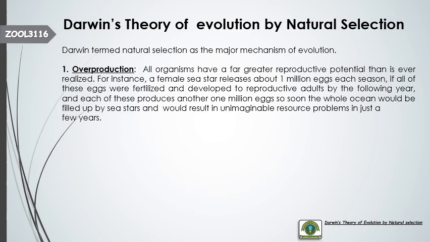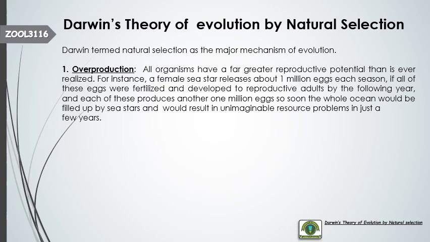For instance, take the example of the female sea star. It releases about 1 million eggs each season. What would happen if all these eggs were fertilized and developed into reproductive adults? Suppose each reproductive adult then produced almost 1 million eggs in the next season.